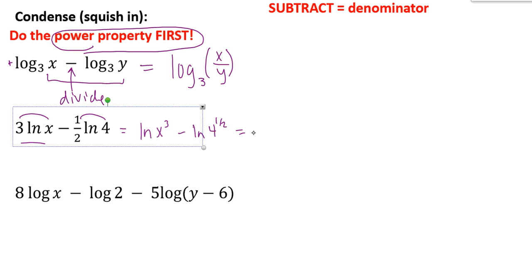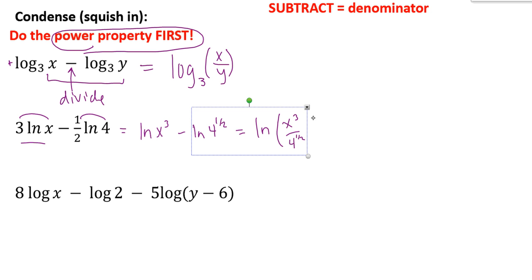Okay, now we can go and write it as a fraction. So ln on top is x to the third, on bottom is 4 to the 1/2. Now 4 to the 1/2 is the same thing as the square root of 4, which is 2. So to simplify that down a little bit more, ln of x to the third over 2.